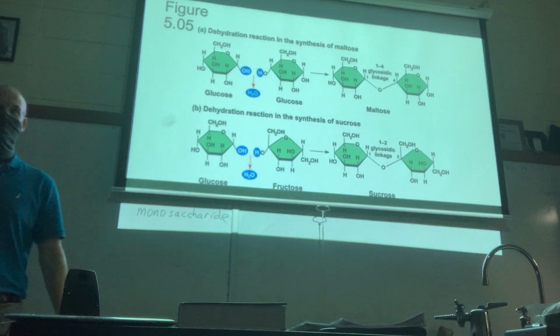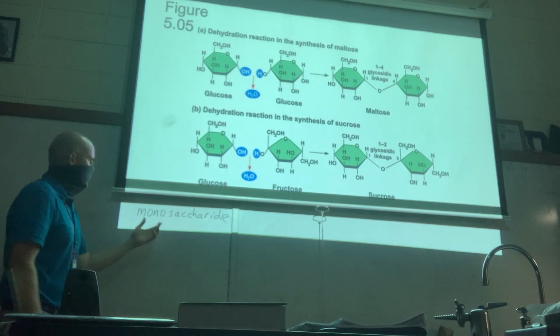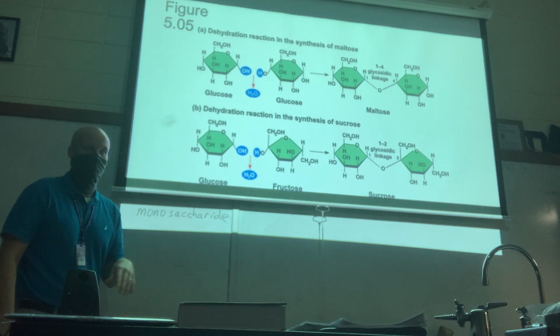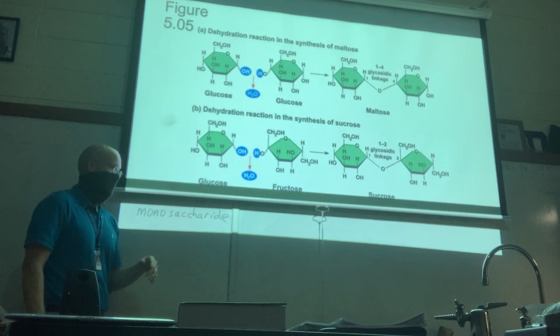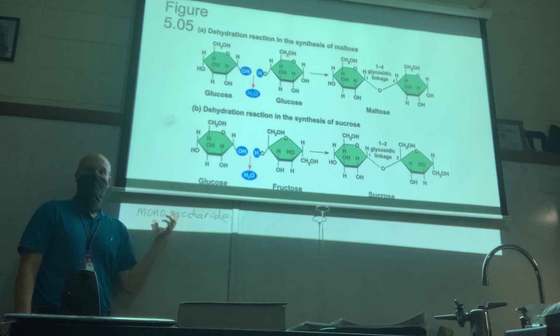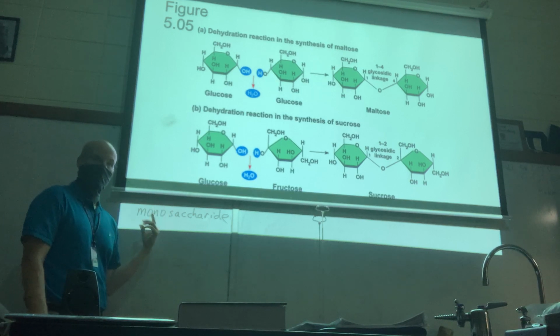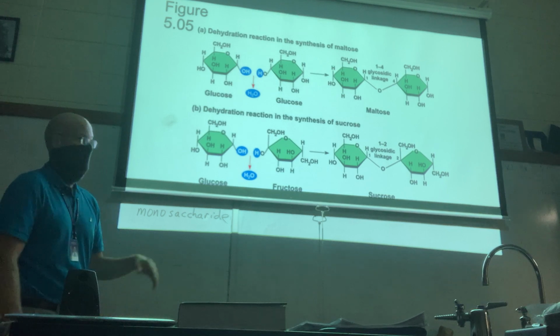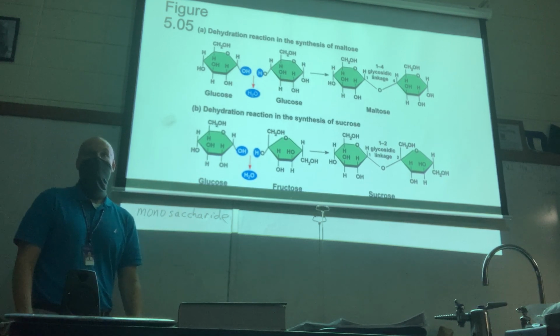Polysaccharide. Good. These are terms you can look for on a bag of Cheetos in the dietary information, where you'll see mono, di, polysaccharide. Sometimes they'll say simple, like one, or complex carbohydrate, meaning a bunch of sugars.